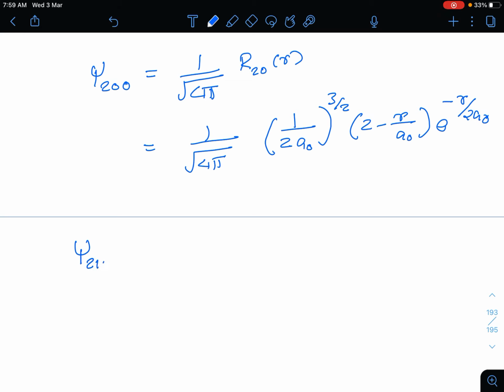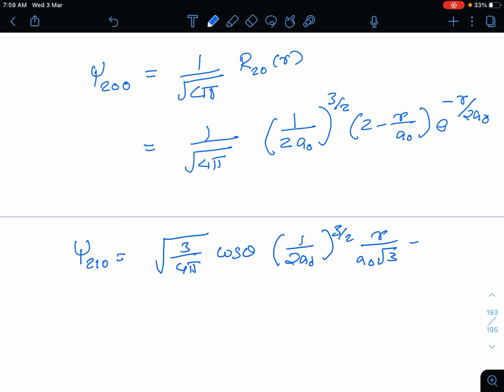And the psi 210 is root of 3 by 4 pi cos theta, 1 by 2a0 all raised to 3 by 2, r by a0 root 3 e raised to minus r by 2a0. So these are the 2 functions. So let's evaluate h 200 210.